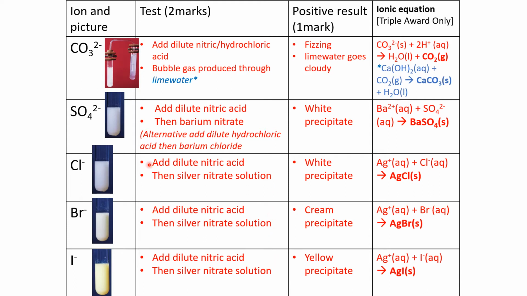Again, for these anions, you need to add your acid before to get rid of any carbonates and hydroxides, because if you can remember from the solubility rules, hydroxides are also insoluble, but you want to get rid of any carbonates or hydroxides which will form insoluble precipitates and may affect the result.